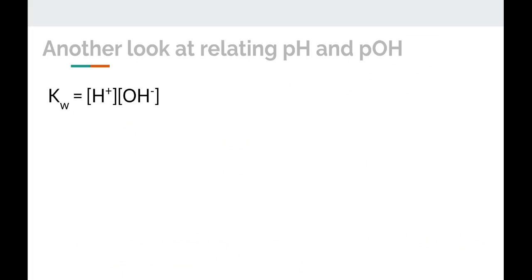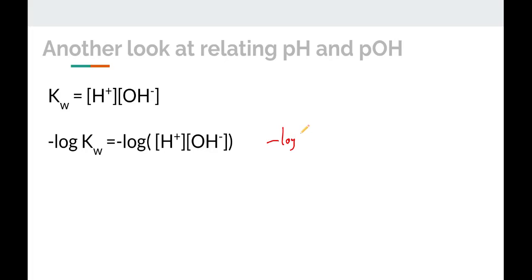Let's take another look at relating pH and pOH that can sometimes give us a very valuable shortcut. Thinking about what Kw is, it's the concentration of H plus times the concentration of OH minus. If we took the P of both sides, so negative log Kw equals negative log of H plus times OH minus, we would be doing this.